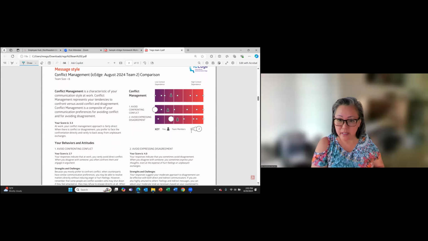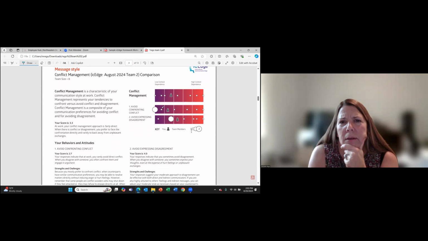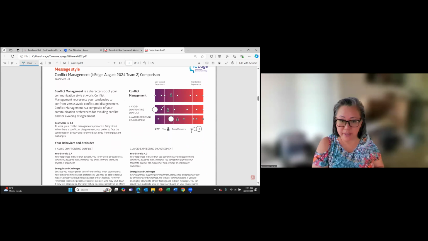I'm the second to the right dot. And for here, for avoiding expressing disagreement. To the right. The big second one? The high context. Oh, the second one. I'm not the furthest.